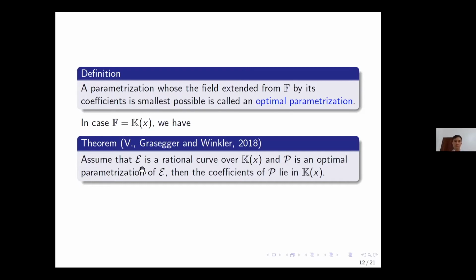Assume that E is a rational curve over K(x). That means E is defined by a bivariate polynomial with coefficients that are rational functions in K(x), and assume that P is an optimal parameterization of E.